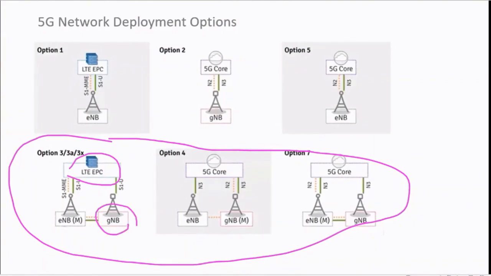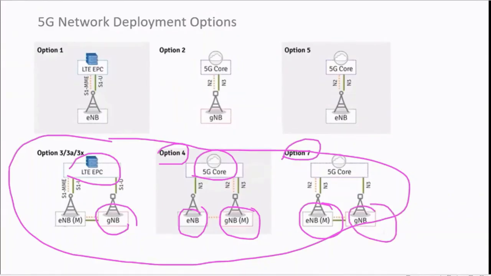In case of option 4, we are using the 5G core, but in that case E node B acts as a secondary node and G node B acts as a master node. And the third option is option 7. In this case, E node B is the master node and G node B is the secondary node.